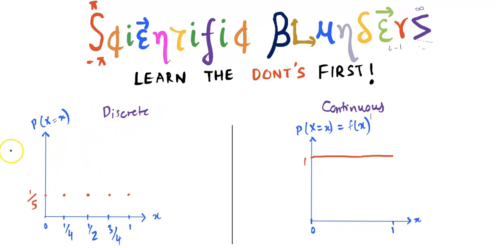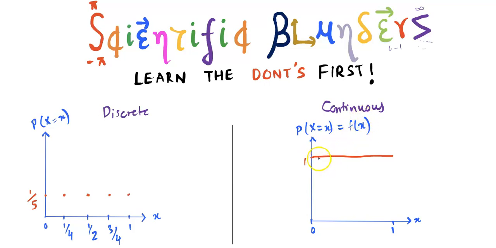On the other hand, we have a continuous distribution where x can take any value between 0 and 1. So x could take any real number between 0 and 1, and therefore we don't talk about the probability of x taking a particular value, but instead we talk about the probability density, which we represent by f of x, the probability density function.